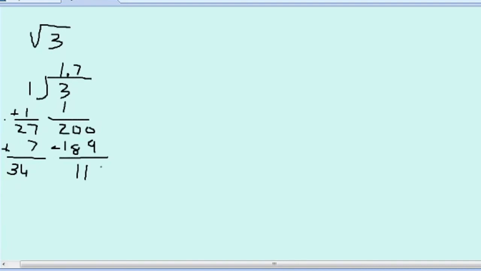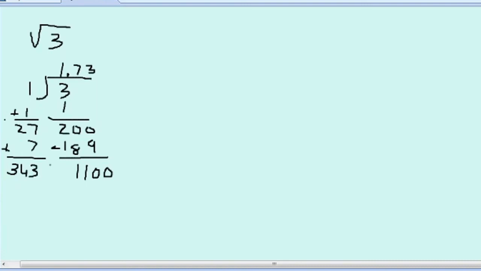So, point, 2 zeros. Based on that point, I am taking 2 zeros. This has become 1100. Now I have to write a number which, when multiplied, should be equal to 1100. 341 into 1 will be 341. 342 into 2 will be 682. So I think 3 will be correct here.